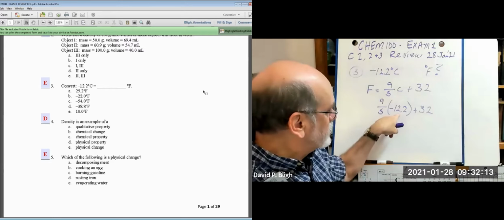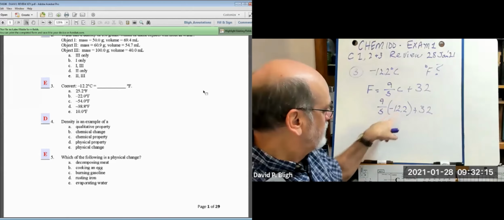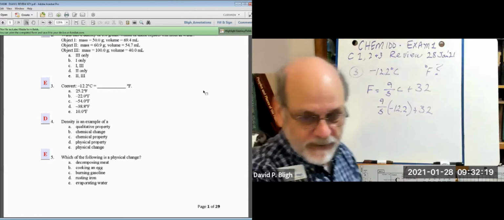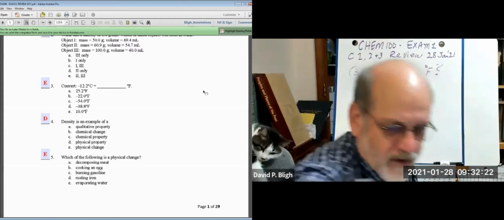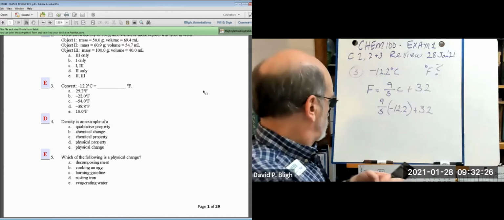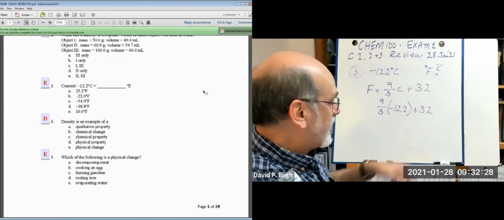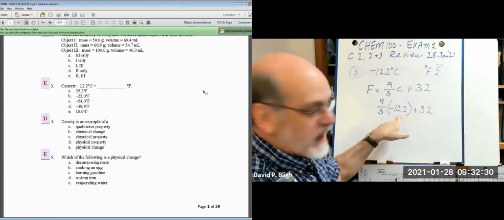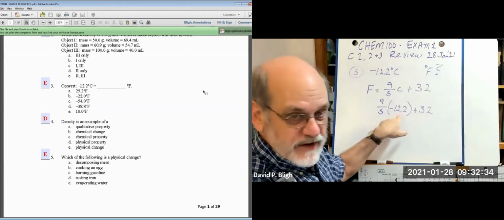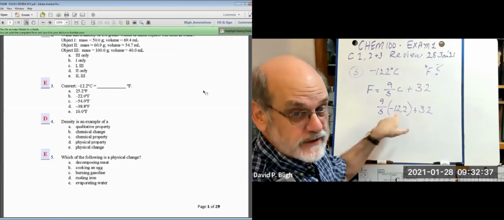So all we have to be concerned with is this one, right? So 9/5 times that one is going to have 3 significant figures in it. And in fact, it doesn't matter. You don't have to use the add subtract rules because we've only got this number and our answer can have 3 significant figures in it.